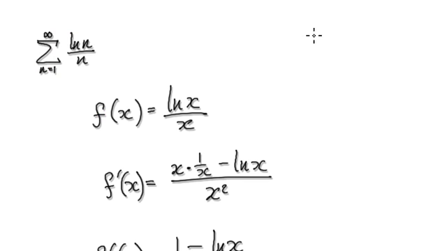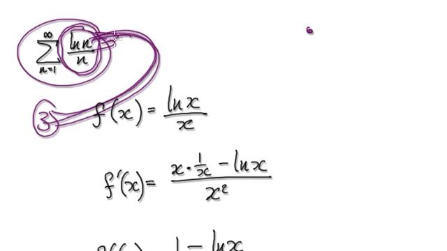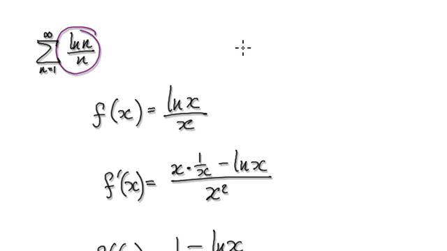So the first thing you should do is make sure that this limit heads towards 0. If it heads towards anything other than 0, you're going to add more and more to the whole summation, so it's just going to get bigger and bigger. So first thing, make sure it heads towards 0.